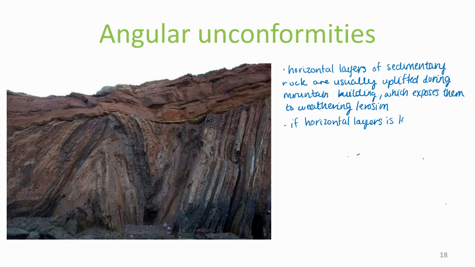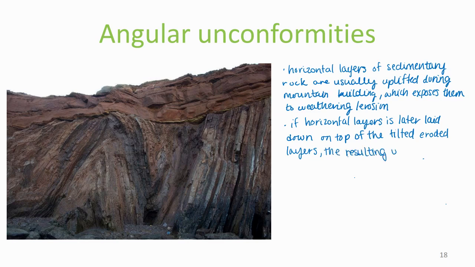So if horizontal layers are later laid down on top of the tilted layers, let's say tilted eroded layers, the resulting angular unconformity is when we have tilted strata and then horizontal strata on top of them.